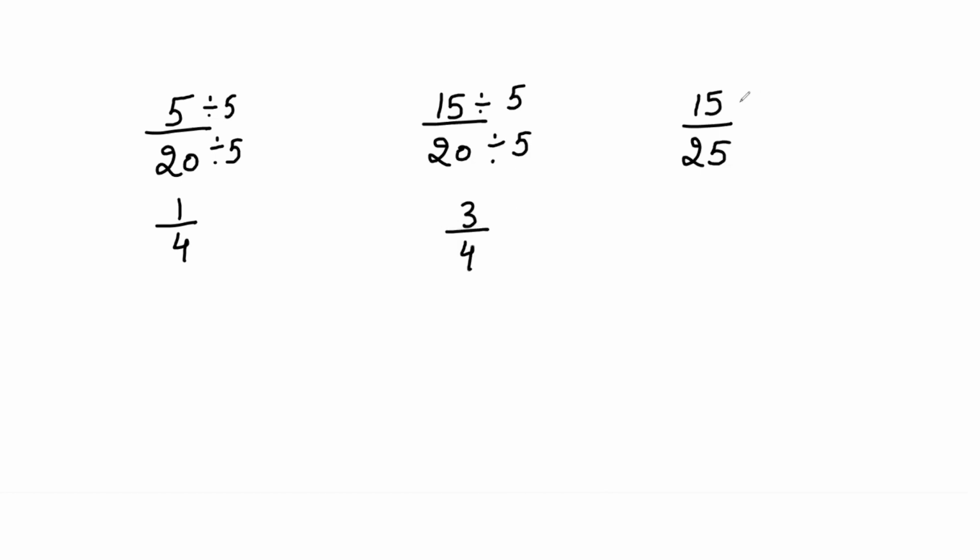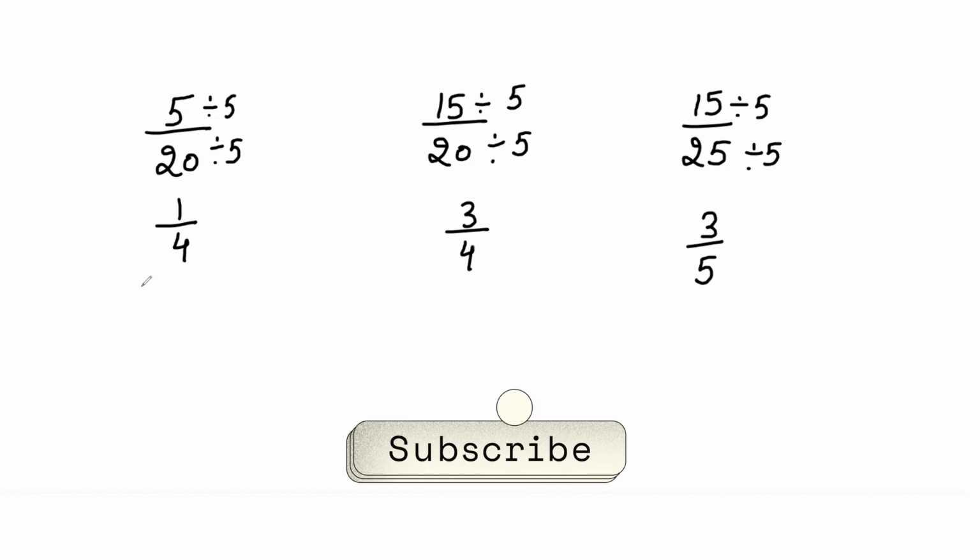Simplifying the third, I'll get 3 by 5. So whenever you are converting a fraction into a decimal, always see whether you can simplify it. If you can, first simplify and then divide. Now it will become 1 divided by 4, 3 divided by 4 and 3 divided by 5.